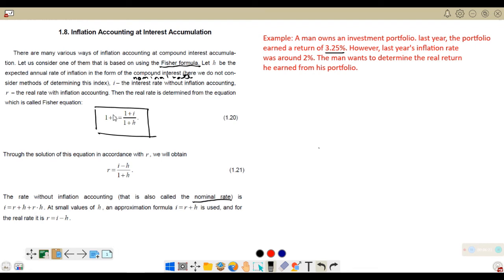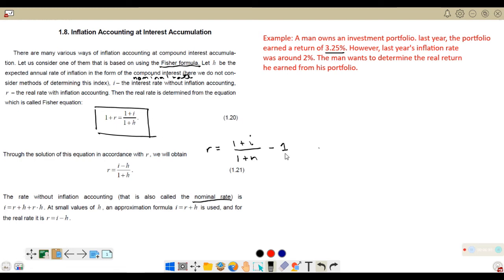So, kapag dinerive mo yung value ni R, of course, you will end up with R is equal to (1 plus I) over (1 plus H) minus 1. Ita-transfer natin si 1 to the right-hand side using addition or subtraction property of equality.